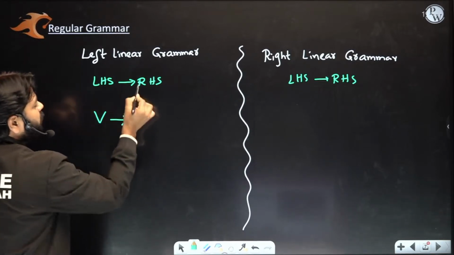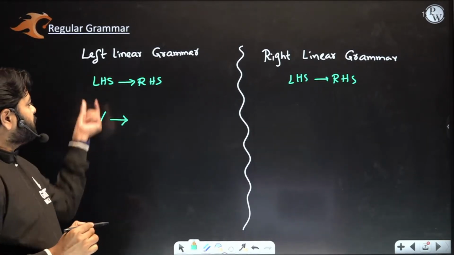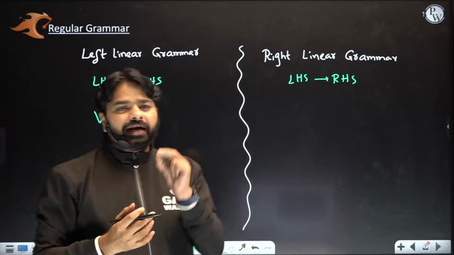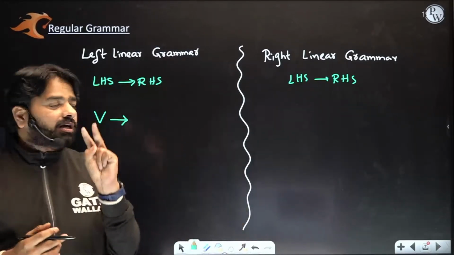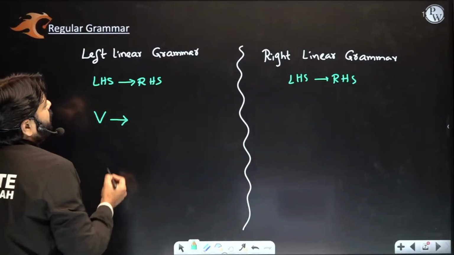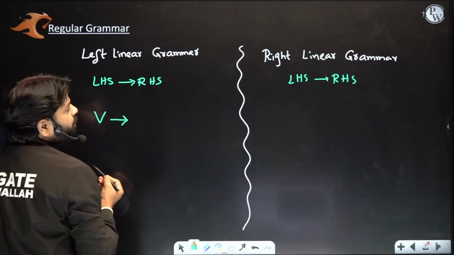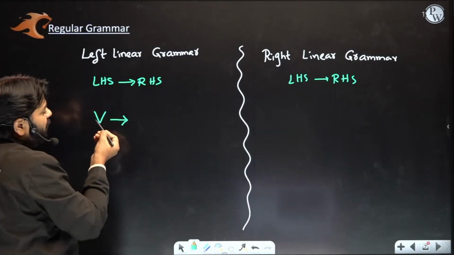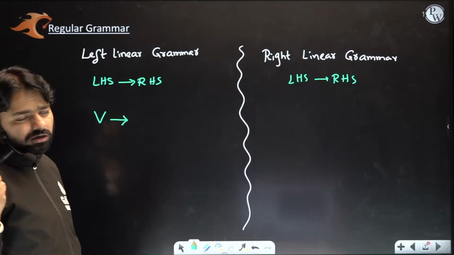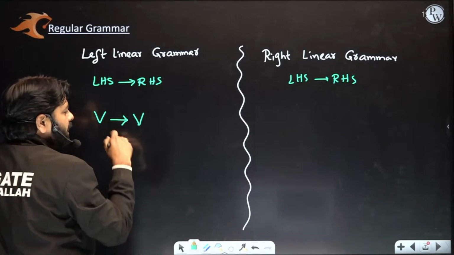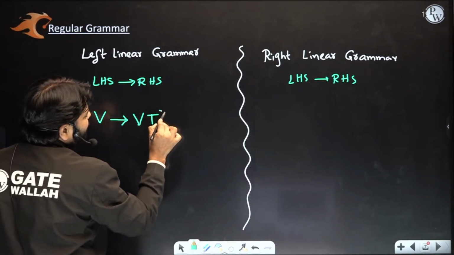But how is the RHS formed? The LHS is exactly one non-terminal. The RHS you can write in two ways; there are two types of rules in the RHS. One is left linear grammar. If you want to write a non-terminal, one of the symbols in the variables, it must be in the leftmost position, and later you can have any sequence of terminals.